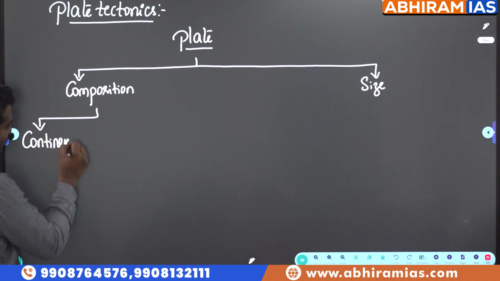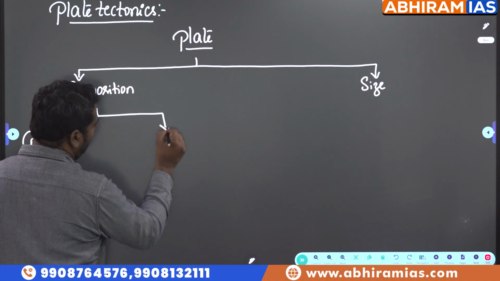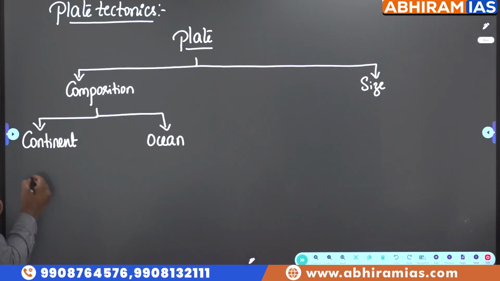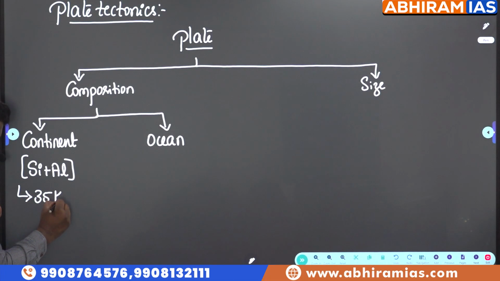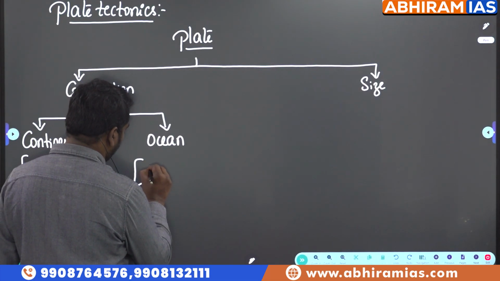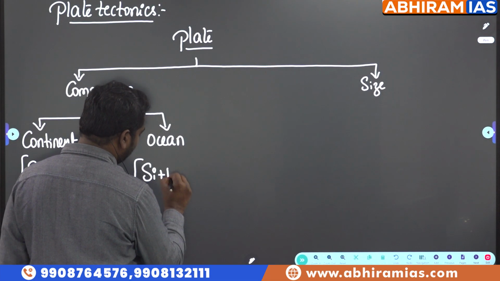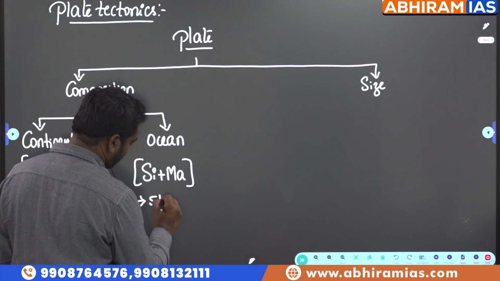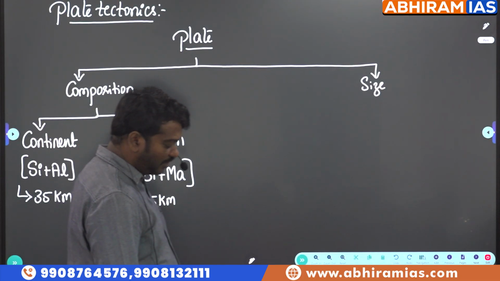It is divided into continent and ocean. Continent is made up of silica and aluminium, and it is 35 kilometer thick. Okay, 35 kilometer thick. Ocean is made up of silica and magnesium. It is 5 kilometer thick.